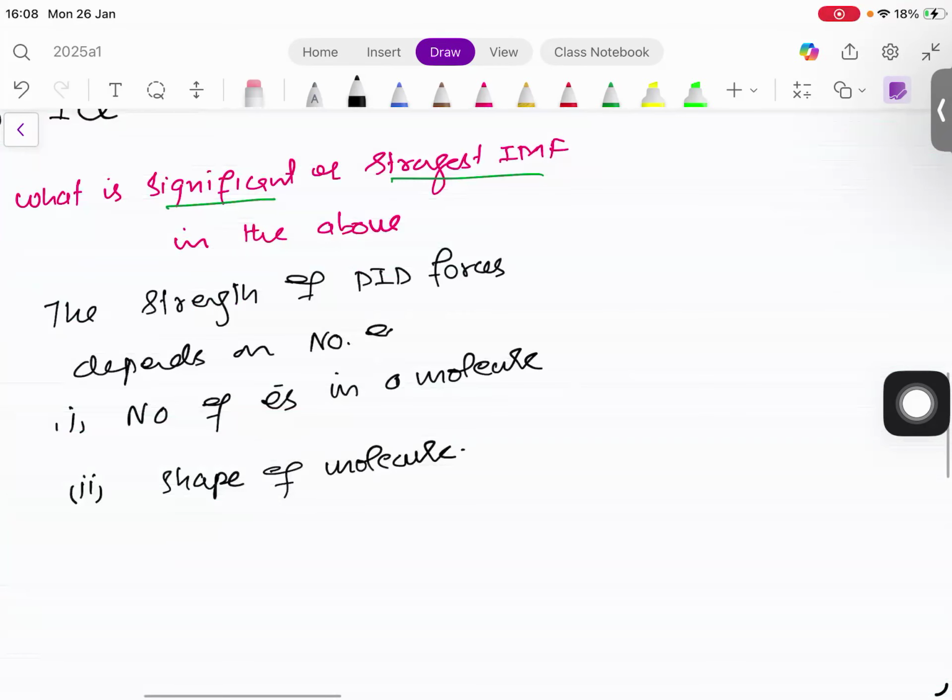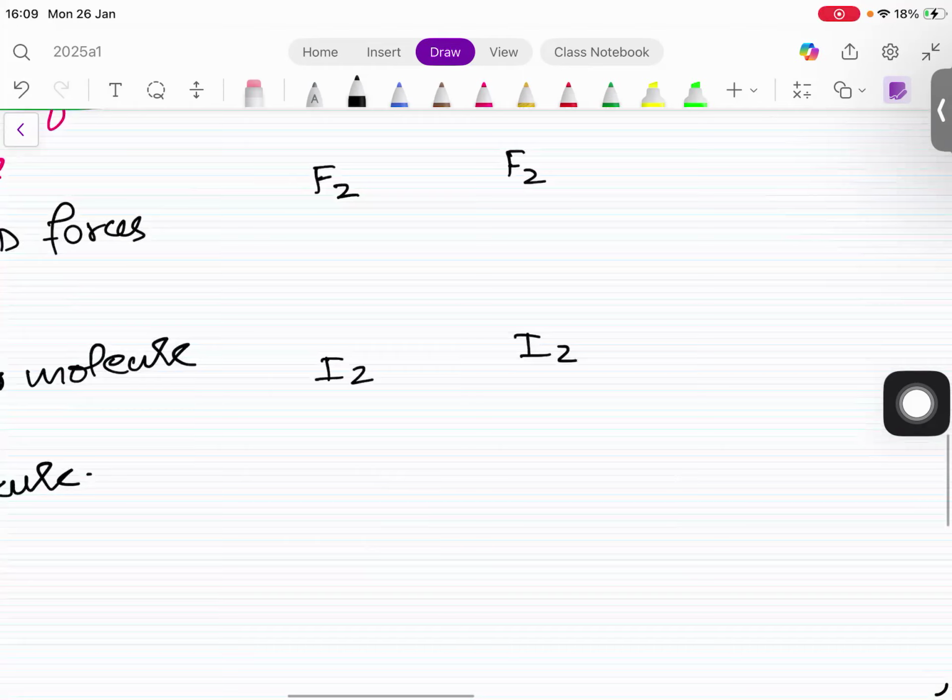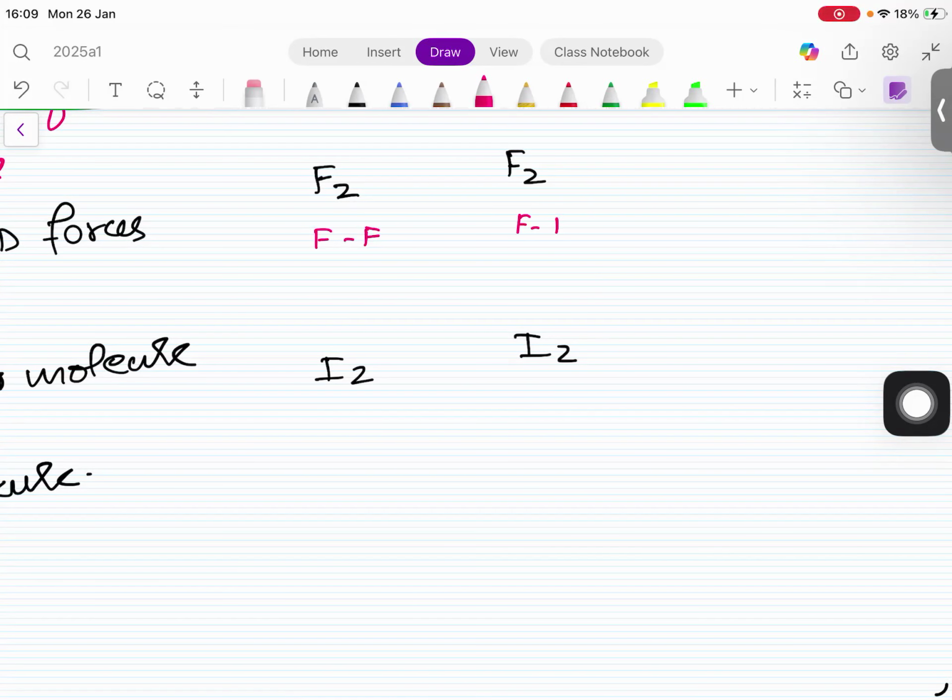This is straightforward. For example, I have fluorine molecules and I have iodine molecules. Fluorine is obviously non-polar, so what type of force is there? DID, dipole induced dipole forces.